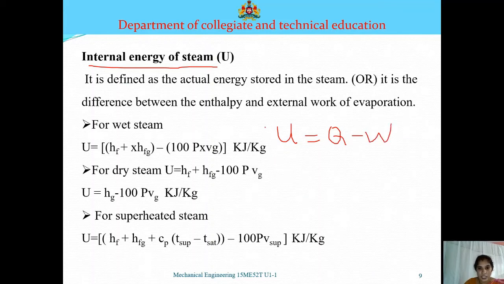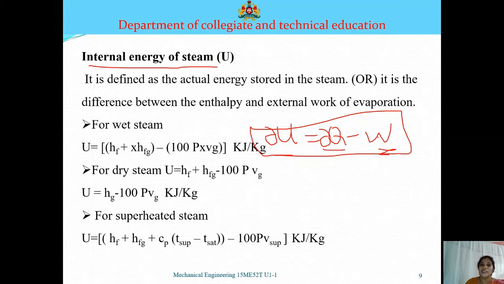According to the first law of thermodynamics, the change in internal energy is equal to the heat transfer minus the work done.